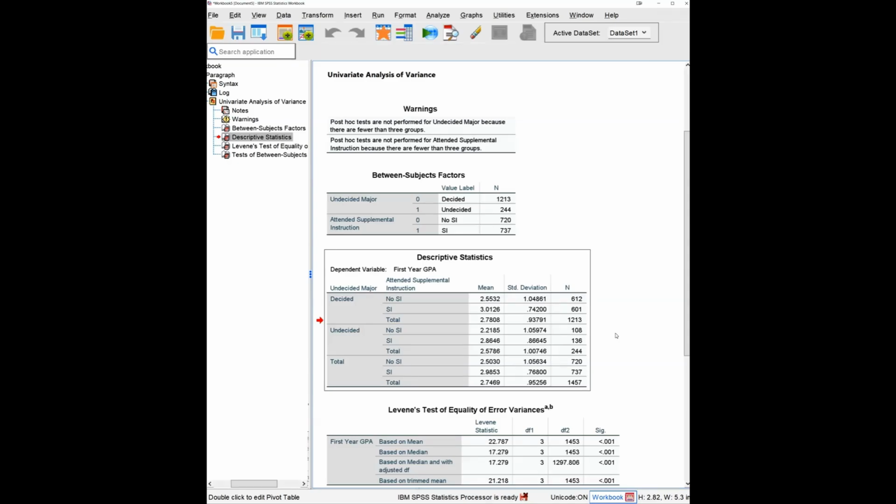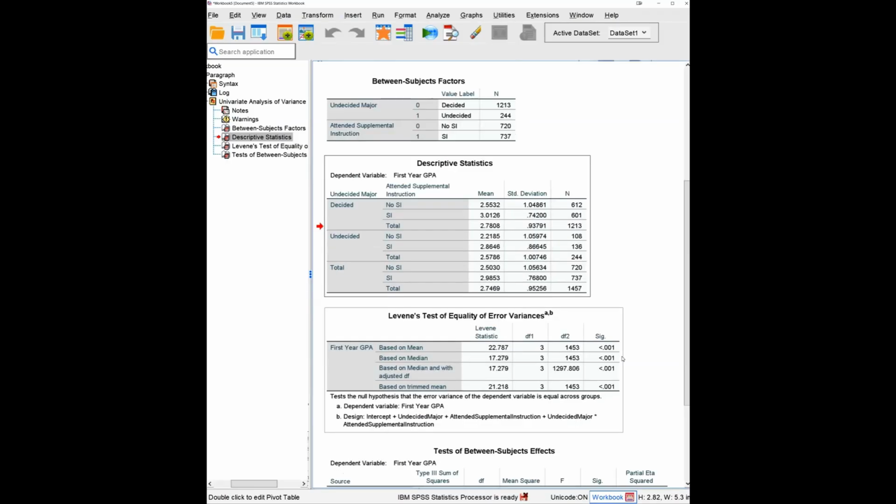We then see those undecided, opting not to use SI, have a 2.2 GPA, and those undecided that are in fact using supplemental instruction have a 2.86 mean GPA. Again, another difference. But is the interaction of these statistically significant, or is it merely a factor within their category?